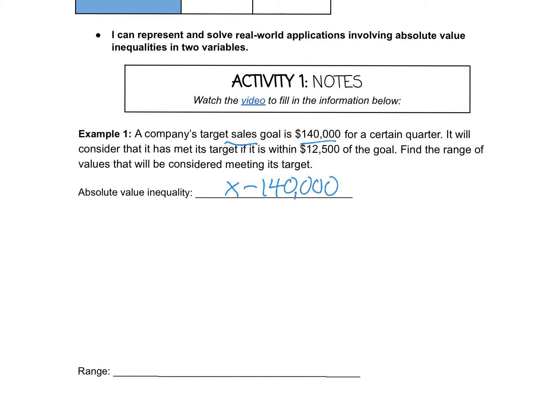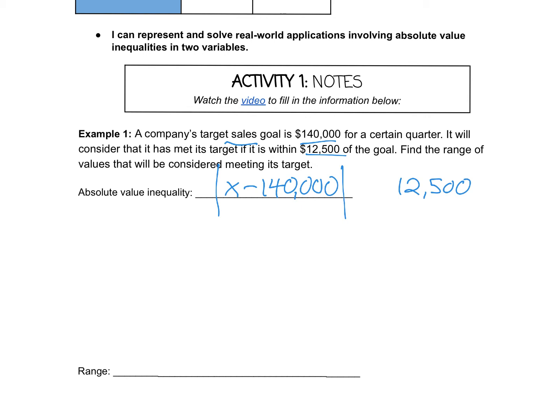And then we want this to be the positive closeness. How close is it in a positive way? And so to make this a positive value, we add absolute value symbols. And then we have an error. This x, our unknown, can be within 12,500 of the goal.